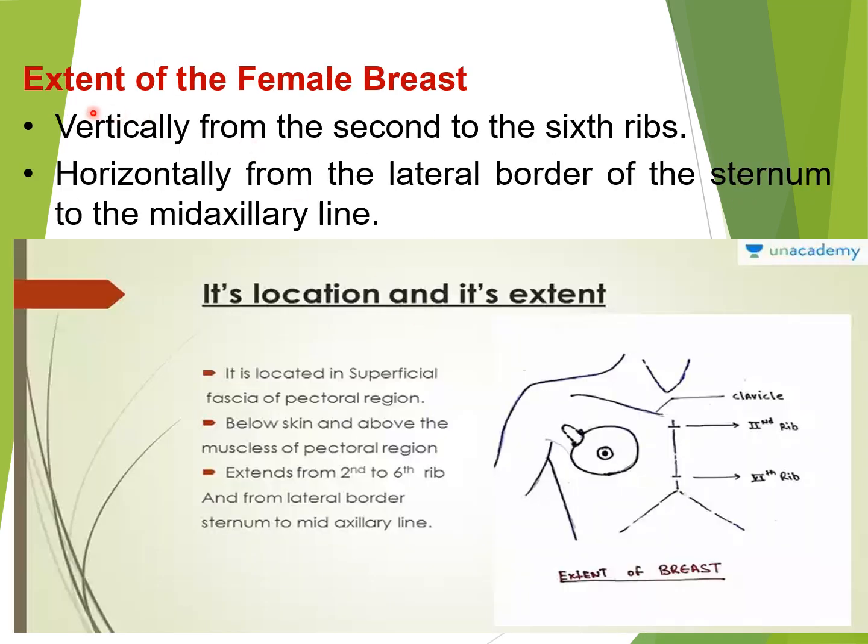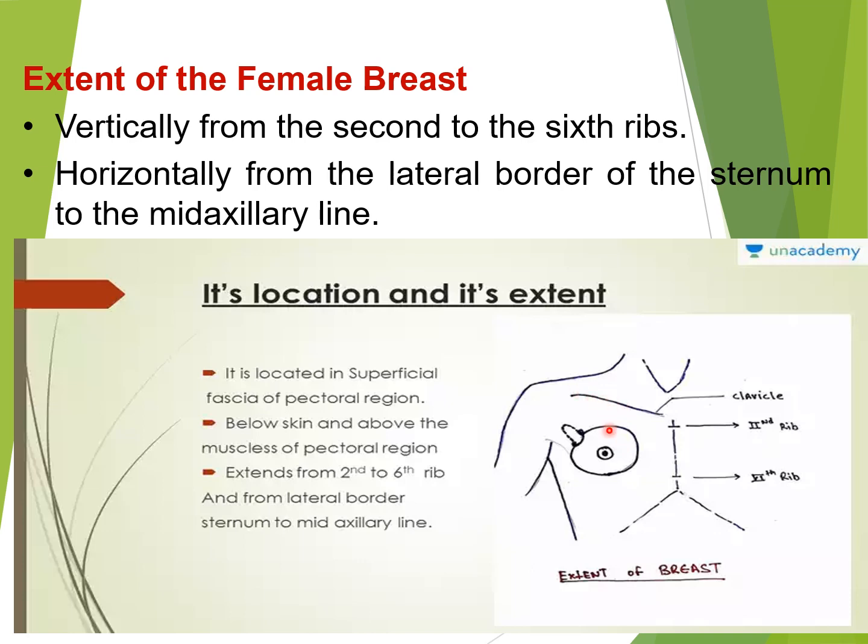Let us discuss the extent of the female breast. It extends vertically from the 2nd to 6th ribs in the mid clavicular line. Let's say this is the clavicle.